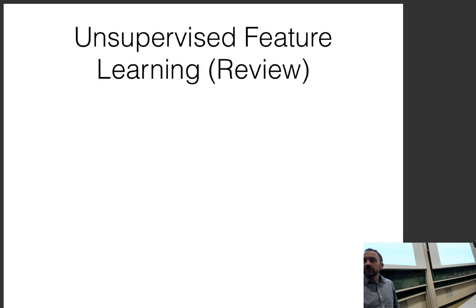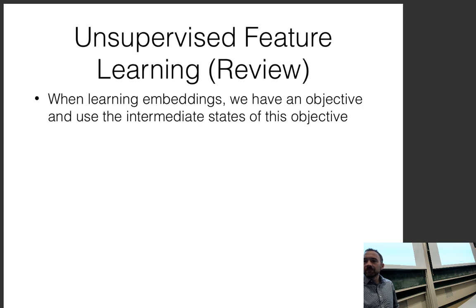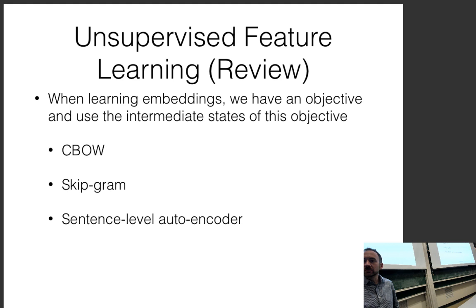So a very quick review on unsupervised feature learning, what we've talked about so far. We have an objective function and use the intermediate states of the network to learn this objective. So for example, we had the continuous bag of words model for word2vec. We had skipgram models. We had sentence level autoencoders, so things like just an autoencoder, or also things like BERT, which are denoising autoencoders.